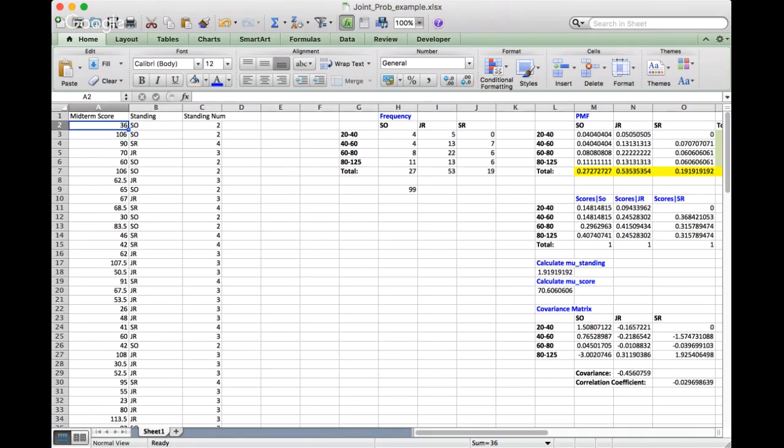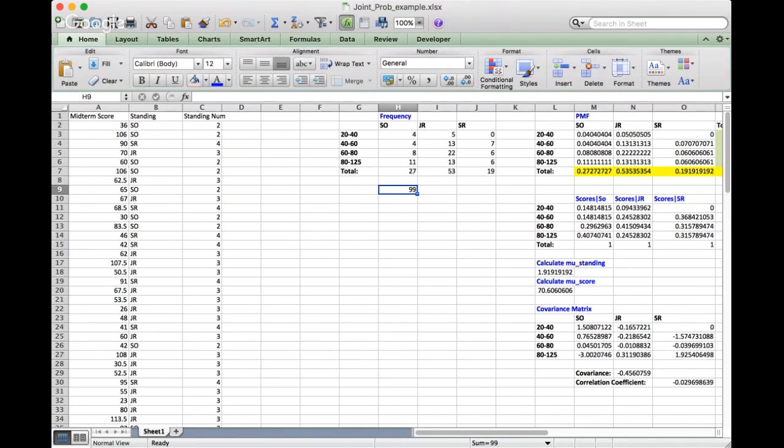So we ended up with this nice frequency table. Again, the columns are sophomores, juniors, and seniors, and then the scores that each of those categories received on the test. If you sum over all of these individuals, you end up with 99, which is correct. We've got 99 students enrolled in the class. So that's a frequency distribution or frequency table.